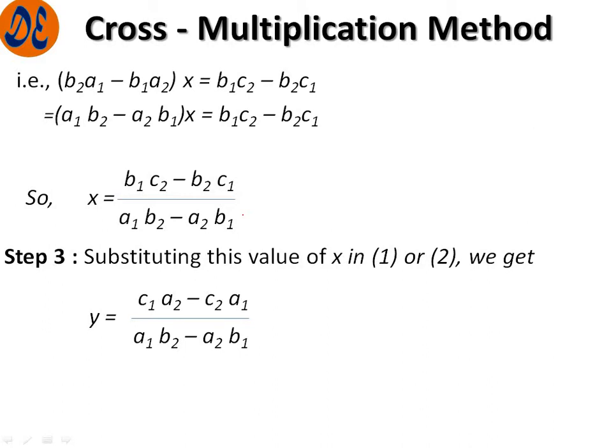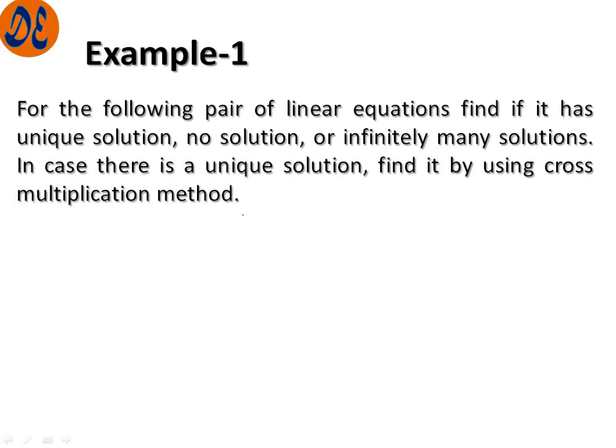If you can remember this formula, it is very easy to solve, and if you can't remember it, then use the technique that I have told. Now let me solve some examples, then only we can check. Example 1: for the following pair of linear equations, find whether it has a unique solution, no solution, or infinitely many solutions.